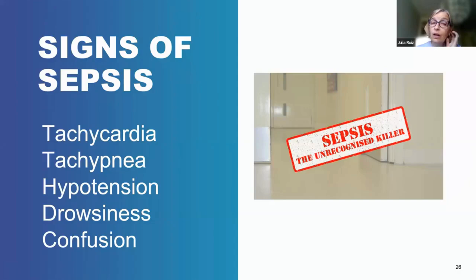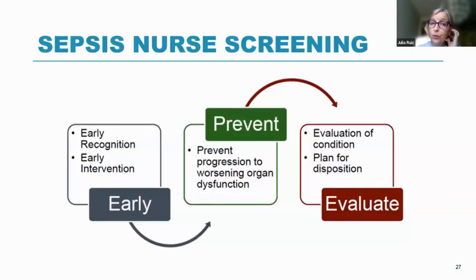And nurses are very important for screening sepsis, because we need early recognition and early intervention to prevent the progression to worsening organ dysfunction, and we have to evaluate the condition and plan for disposition. This is really important, because if not, there is a point where the comeback after sepsis is sometimes very difficult.